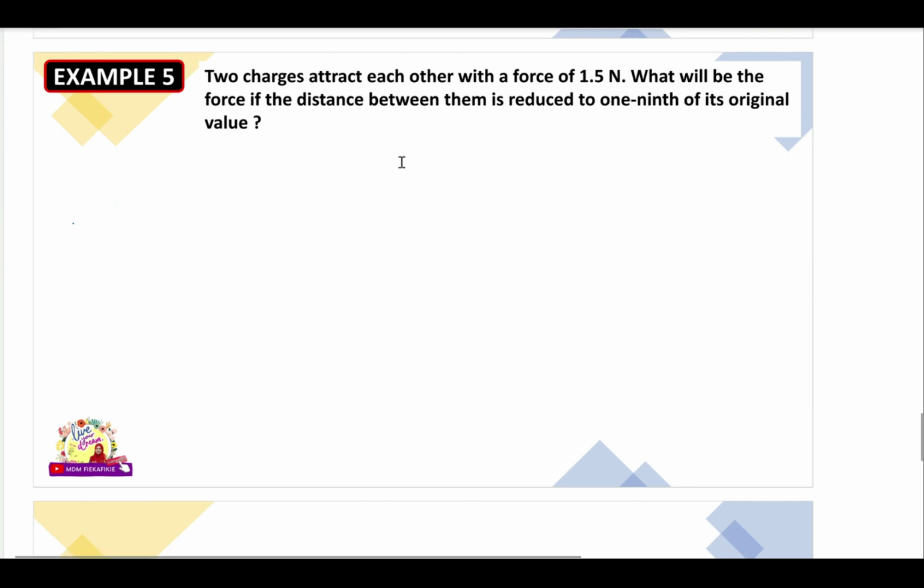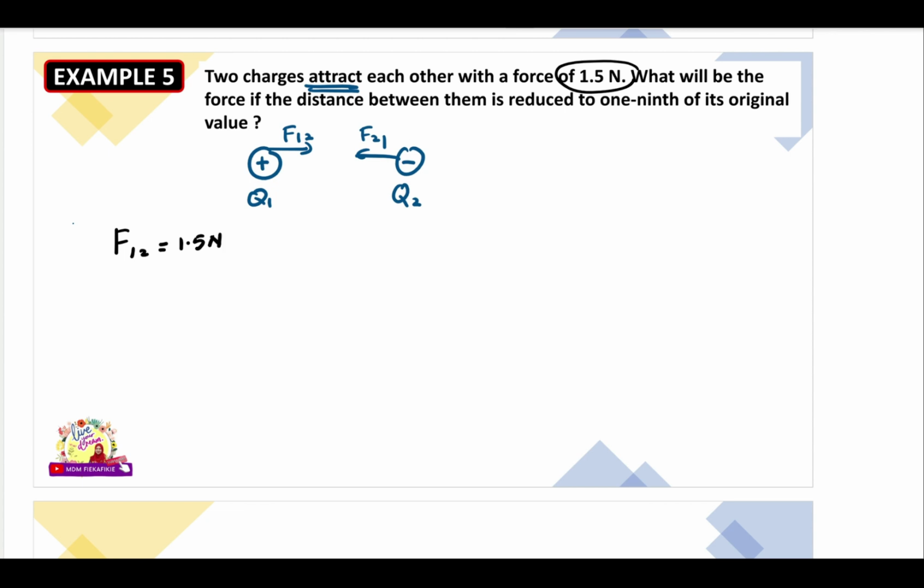Two charges attract each other with a force of 1.5 Newton. This time we have two charges. When it says attract, of course one is positive and one is negative. So this is F on 1 due to 2, and F on 2 due to 1. The question says the attractive force has magnitude 1.5 Newton.